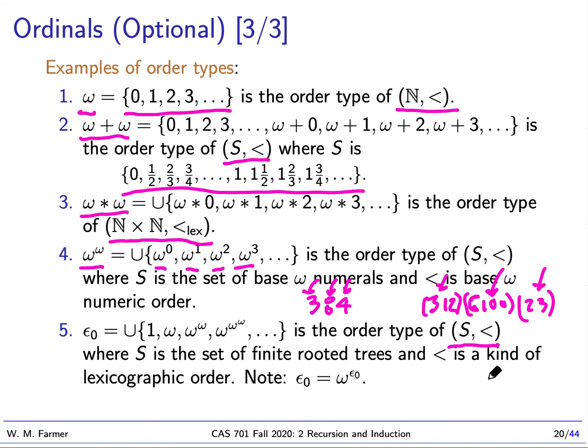So rooted trees are trees that are finite, where we start with a root. We can have any number of branches, and then those can have any number of branches. And the order is a pretty obvious kind of lexicographical order. Now, something very interesting about epsilon 0 is that epsilon 0 equals omega to the epsilon 0.